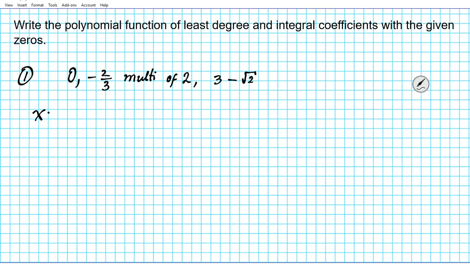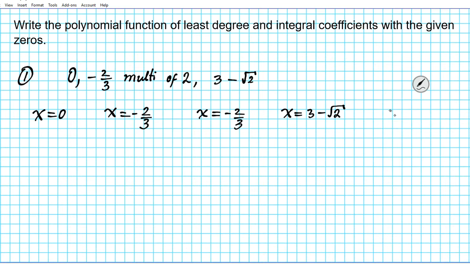We have x equals 0 as one of the zeros, x equals negative 2/3 as another zero, but it has a multiplicity of 2, so it occurs twice. We'll write it twice. And then we have x equals 3 minus root 2. This is an irrational root, so its conjugate must also be a root of that polynomial.